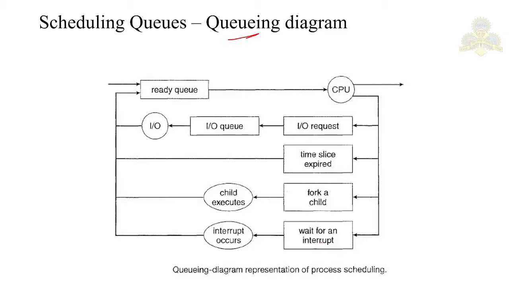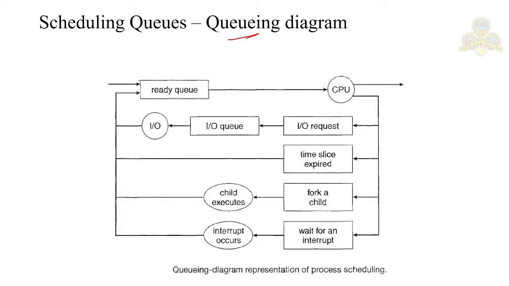Then these are your device queues like the IO queue, then this is for interrupt, this is for creating a child, something like this. These rectangles are the device queues. Okay, the circles represent the resources that serve that particular queue, and these arrows indicate the flow of processes in the system.